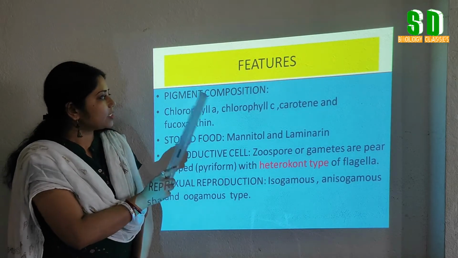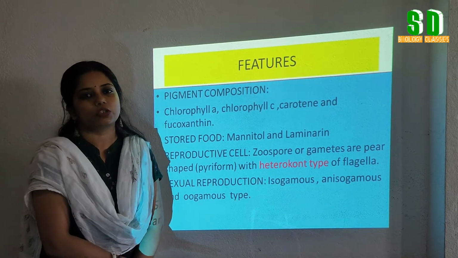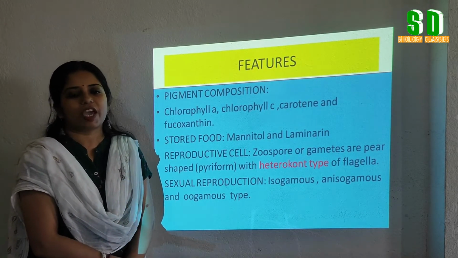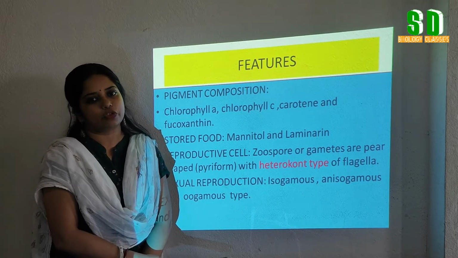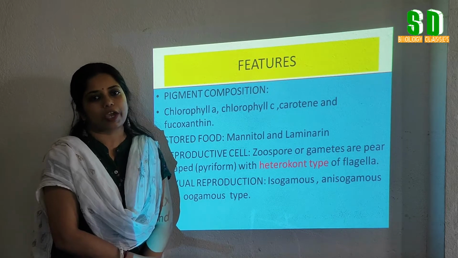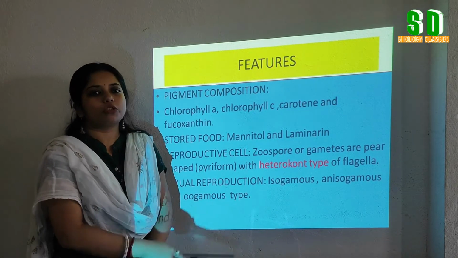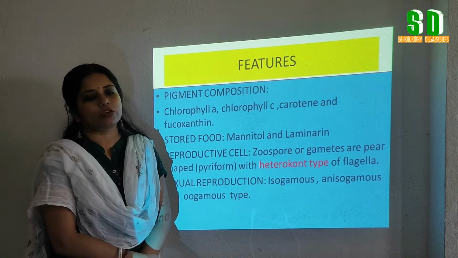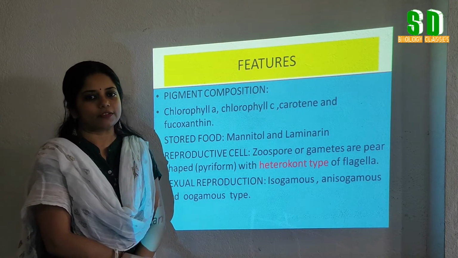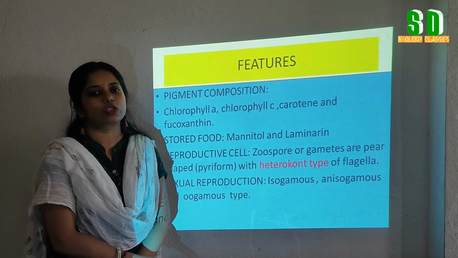Now, the next important part of their body is the pigment composition. They mainly have chlorophyll A and chlorophyll C. In addition to chlorophyll, they also have carotene. Now we are going to know about the pigment composition of the members of PHAEOPHYTA. First of all, the predominant pigment is chlorophyll.